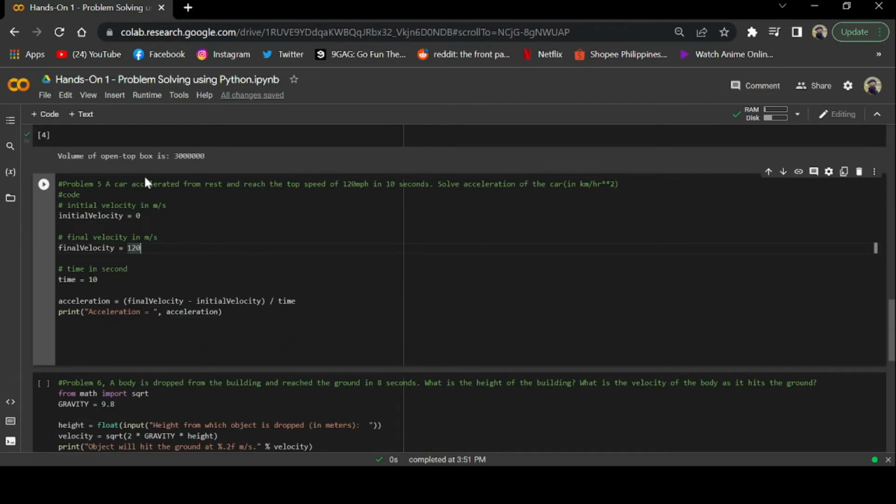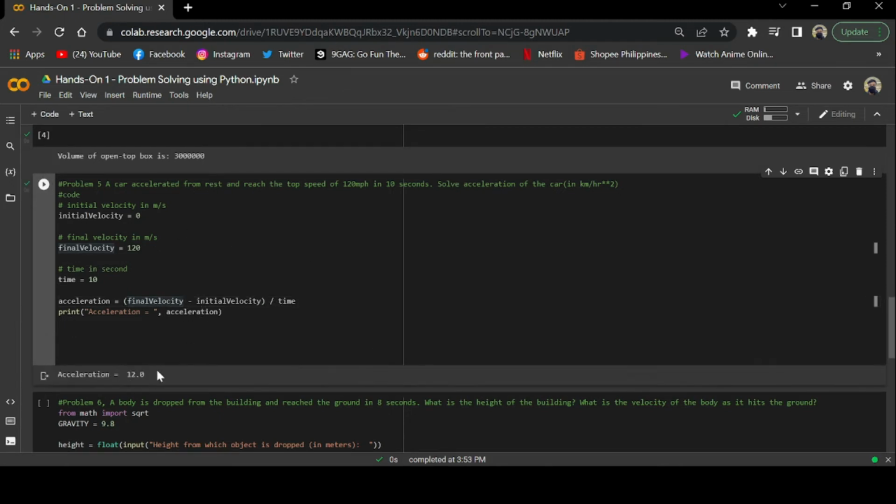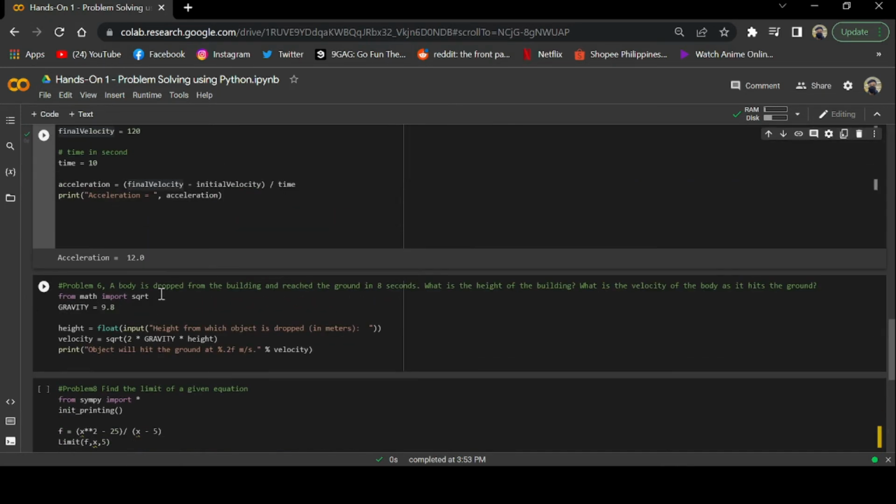The time it took is 10 seconds here. The formula for acceleration is equal to final velocity minus initial velocity divided by time. So let's run the code, which is 12 kilometers per hour squared.